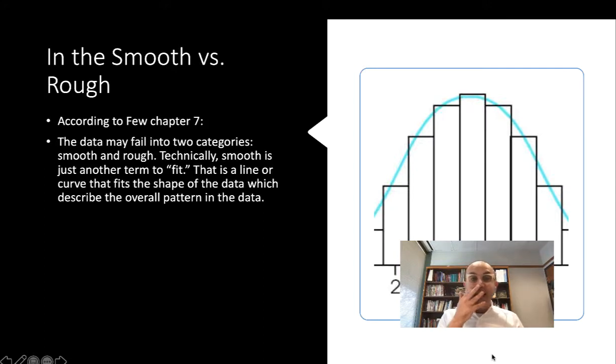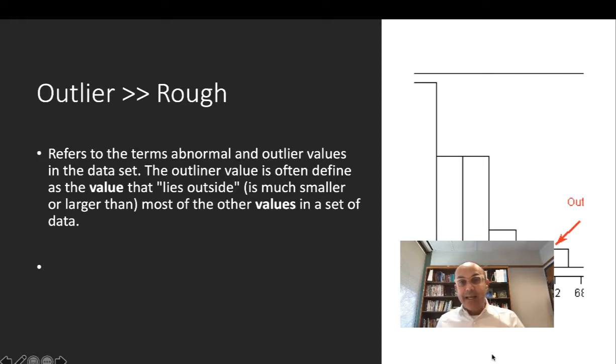The data can be classified based on how smooth or how rough it is, and how the line curve shapes the data that describes the idea.